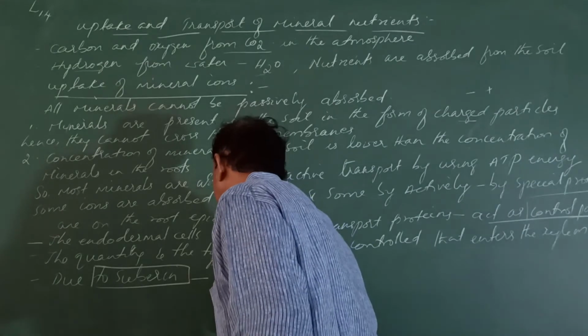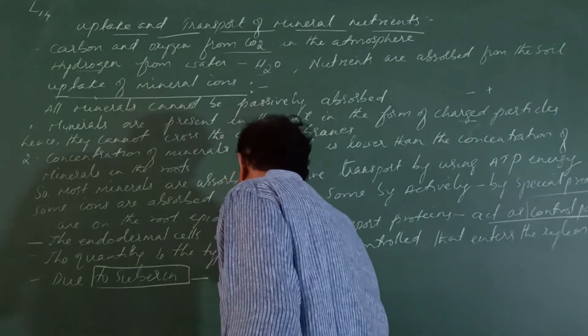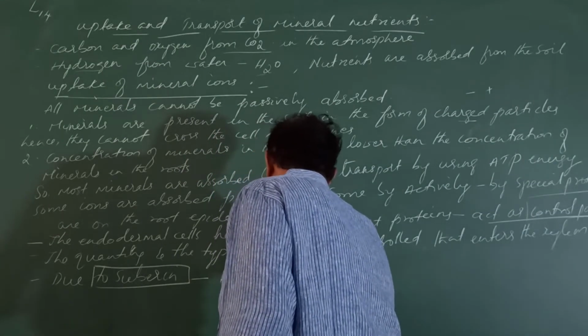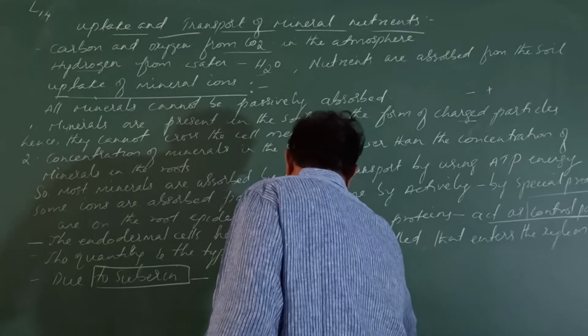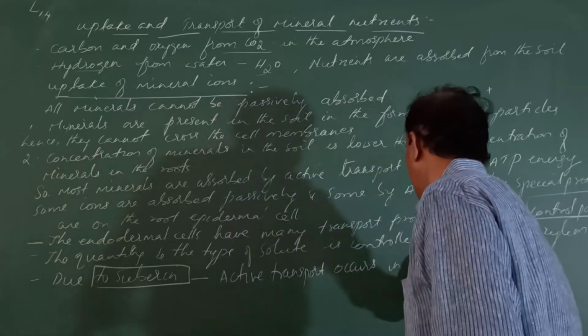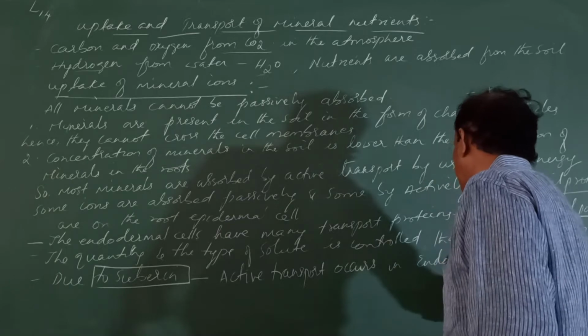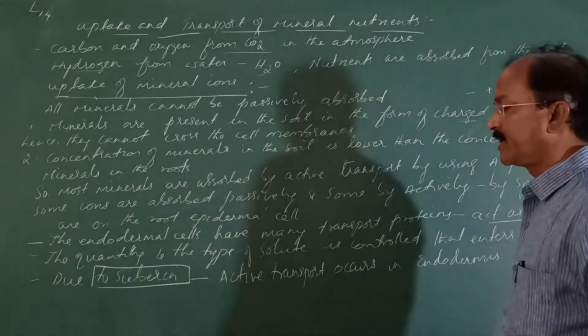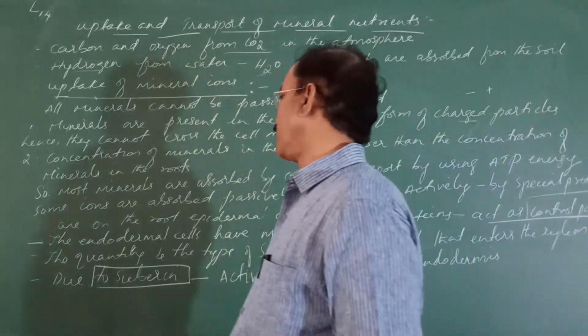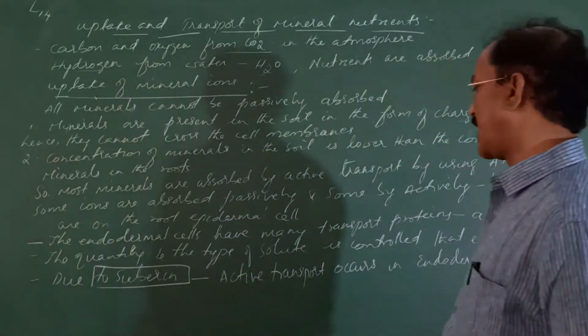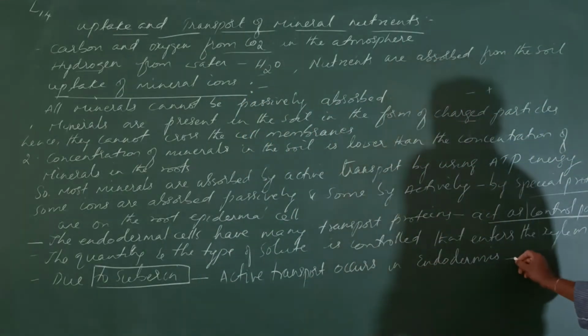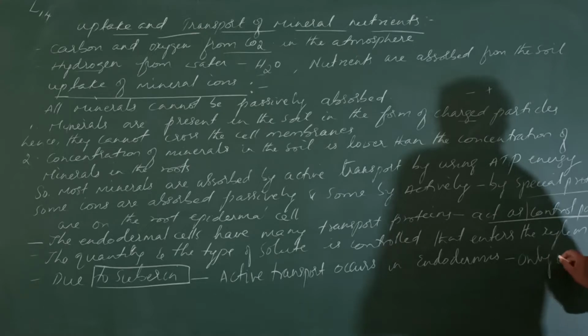Due to suberin, active transport occurs in the endodermis. In the endodermis there is active movement of the molecules, and this active transport will be only in one direction.